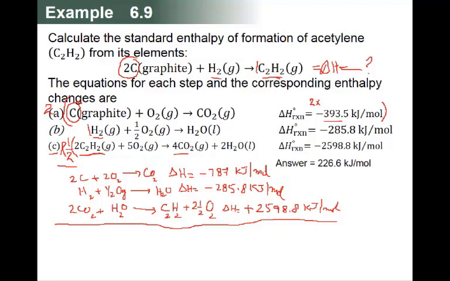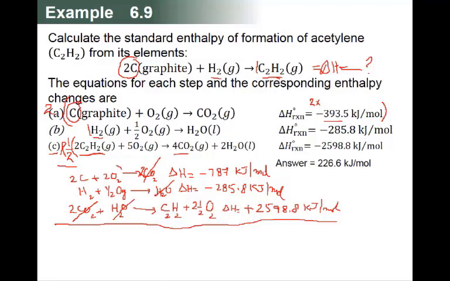You have to look at the question, where to multiply, where to divide, where to reverse. This should be done in your mind, and then when you make the final, you check. Sorry, this is also 2 here, because we multiply by 2. So this 2 carbon dioxide and 2 carbon dioxide cancel, and this water and this water cancel.